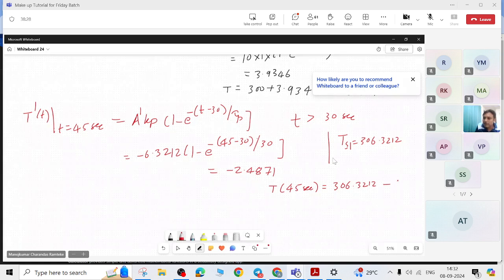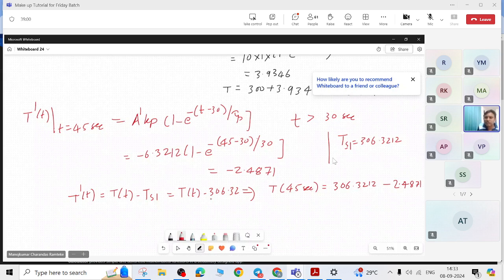Minus 2.4871. Remember, this is what you are going to get. T dash T will be what? This T dash T will be TT minus TS1. So that will be TT minus 306.32, isn't it?